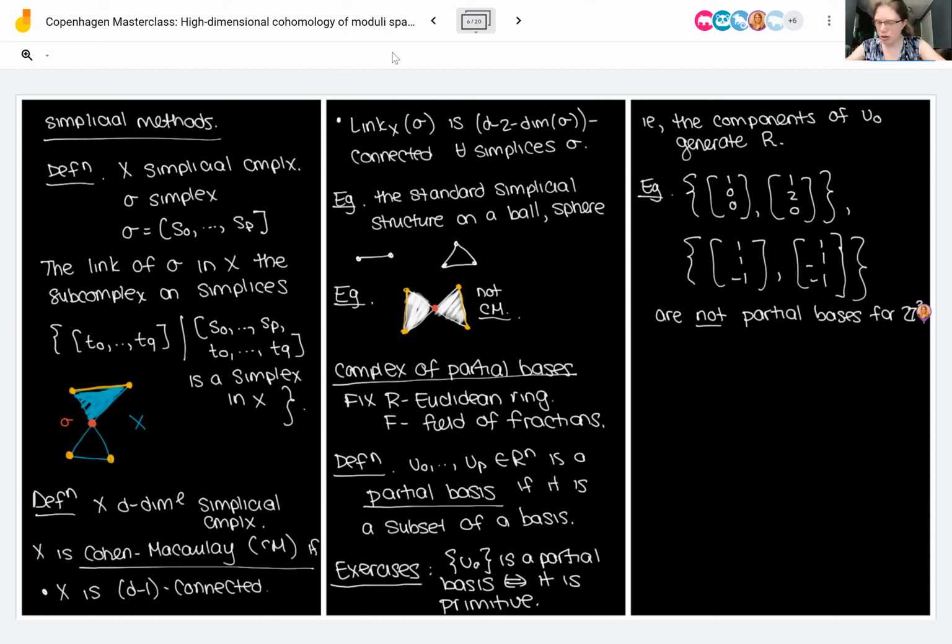So I claim there is no way to extend these pairs to bases. Okay, leave those as exercises.